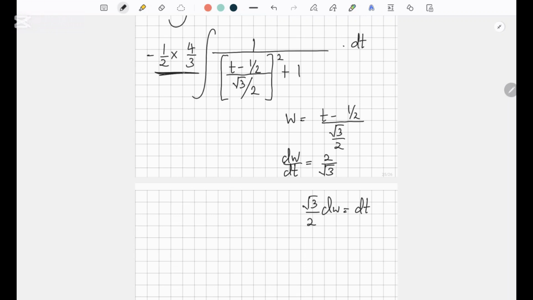And if you look here, you can see the numbers will cancel off, so it's minus 2 over 3, right, into the integration of 1 over w squared plus 1, putting in the substitution, into root 3 over 2 dw.